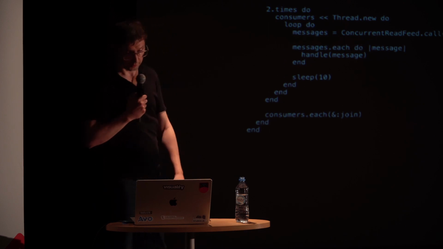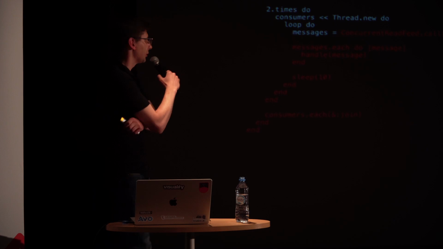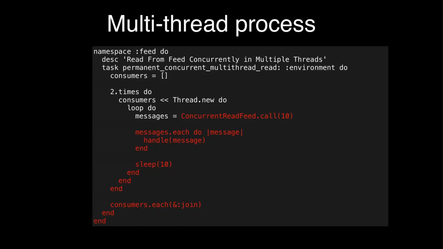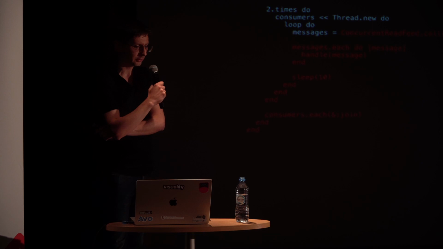But what if we get an exception in here? Because we will eventually. How to monitor it and how to resume a failed thread, for example? Those are valid questions in production.